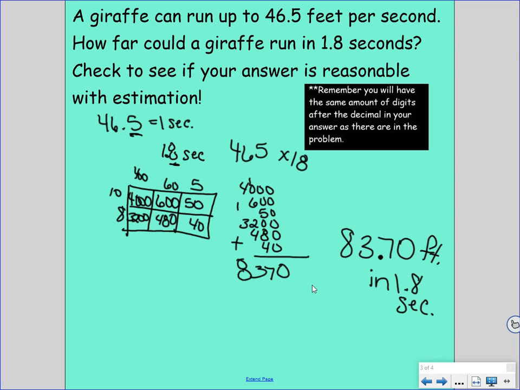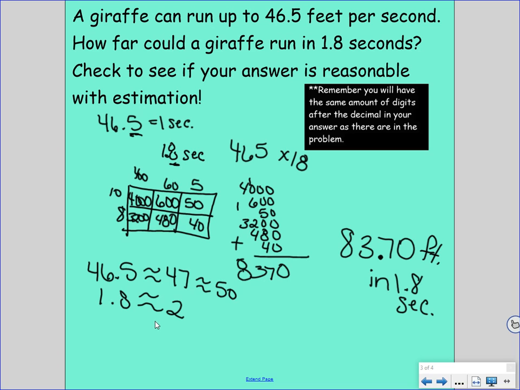Let's make sure this is reasonable. Estimation, 46 5/10 is about 47, which is really close to 50 if we think about it. And then 1 8/10 is estimated to 2.